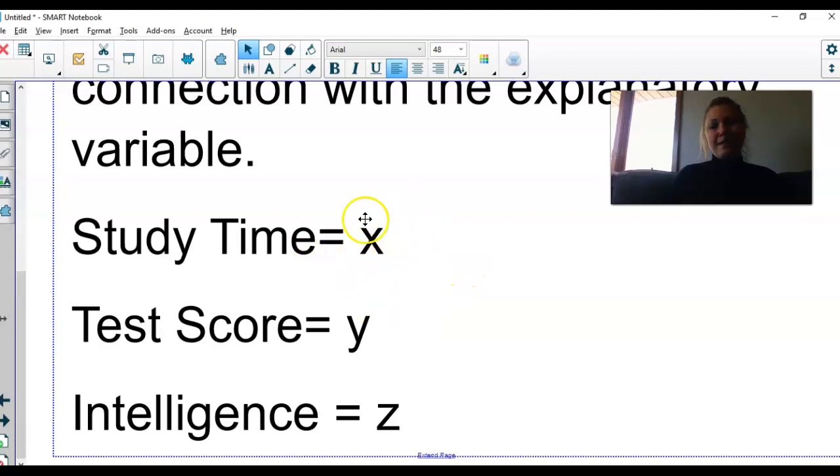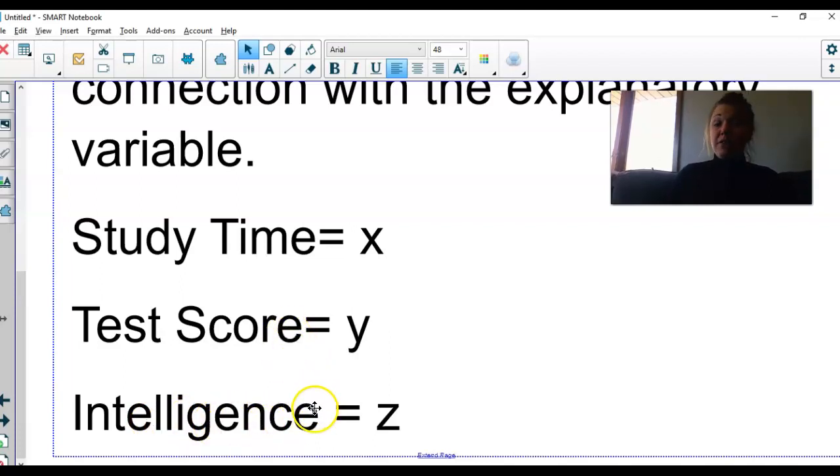If we're looking at study time and how it influences test scores, we could come up with an experiment for that, or even an observational study, whatever it may be. The more you study, people would say, that could influence your test scores. Now, intelligence could also influence your test scores.